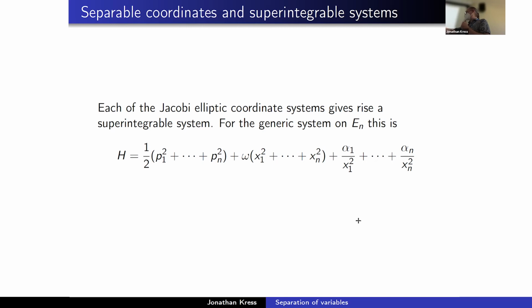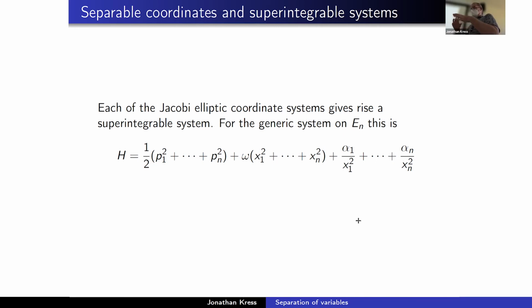The Hamiltonian of the system separates in the most generic elliptic coordinate system for any values of those parameters E. So you've got this parameterized family of quadratic integrals that separate this system, and that in some way leads to the generation of extra additional quadratic constants.